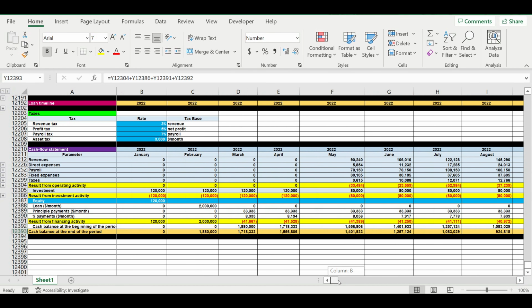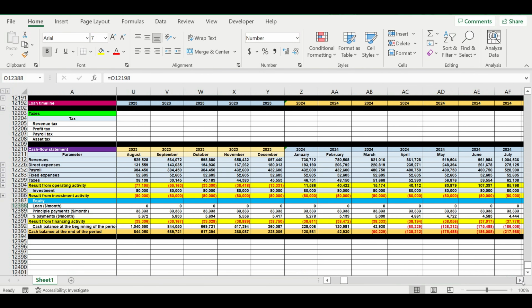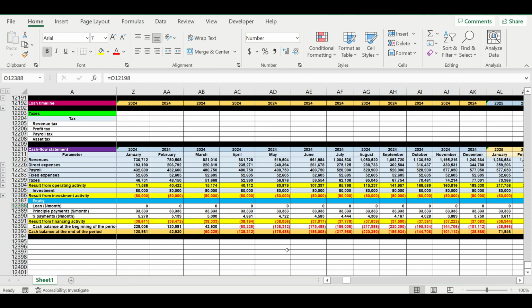Let's say we have 2.3 million. And here we need additional, what is the maximum value? 221. Yeah.